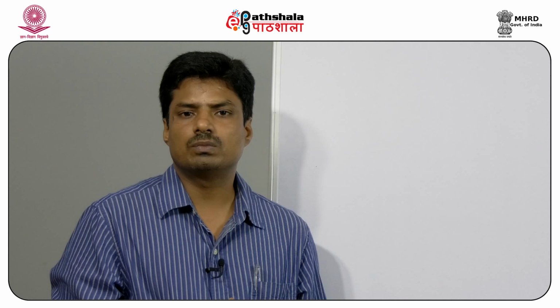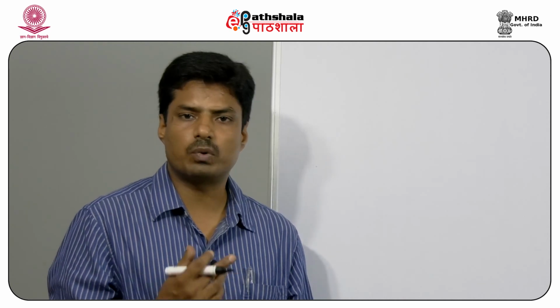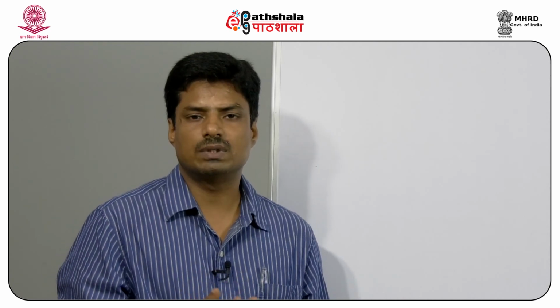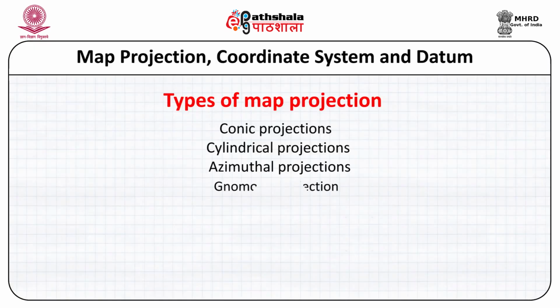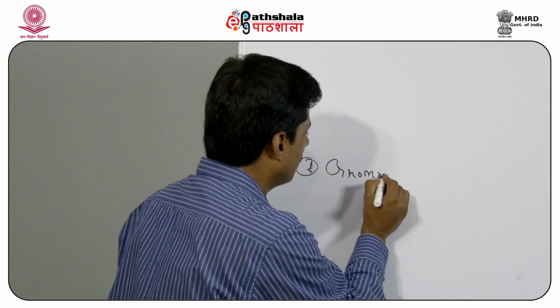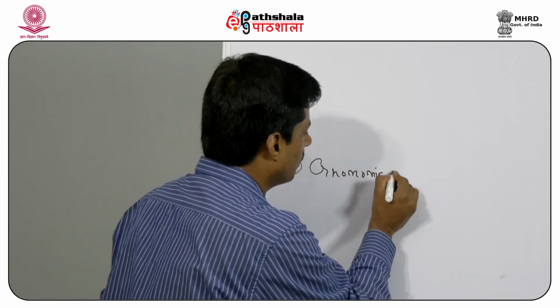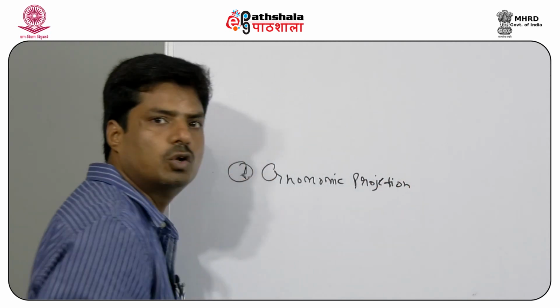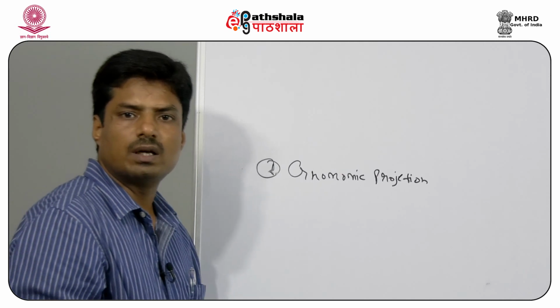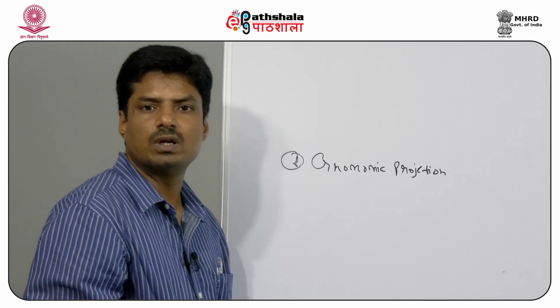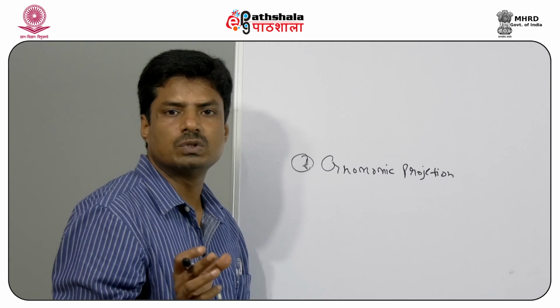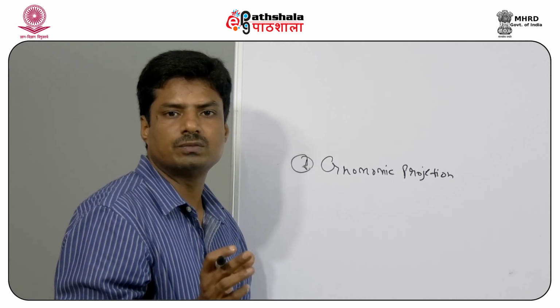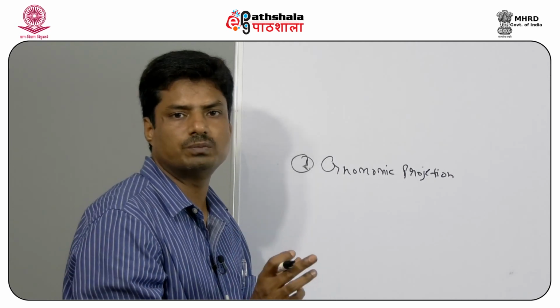Zenithal projection can be divided into many categories. The important categories are: number 1, mnemonic projection. In mnemonic projection, we draw the light on a paper from the center of the globe.